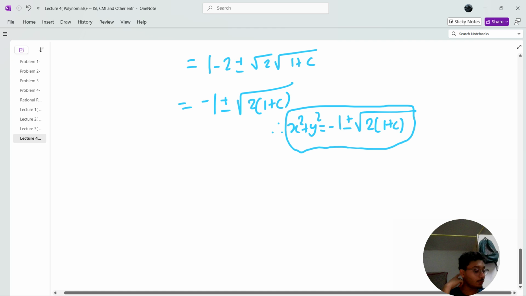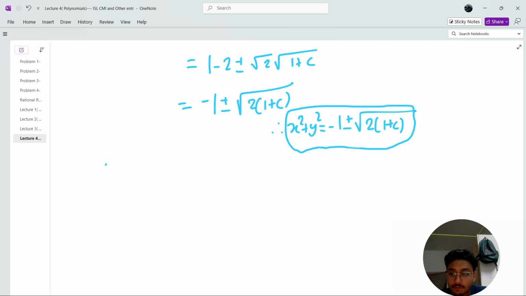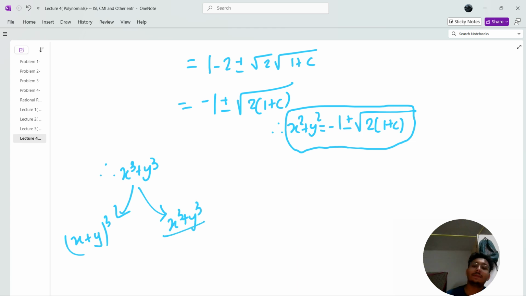Now time for x cube plus y cube. Now this can be done in two methods. How? One is expanding x plus y's whole cube, and another is directly applying the formula of x cube plus y cube. I will be showing both the methods.